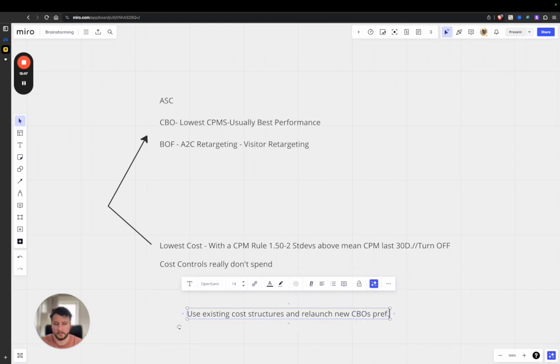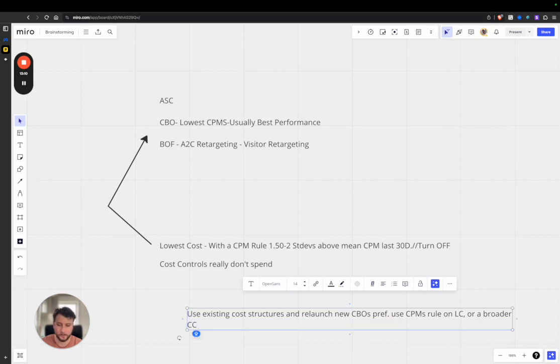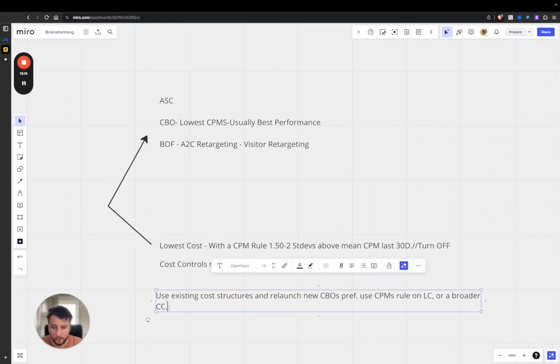So again, this is preferred, but if you do run ASC, you can rebuild your ASCs, but we typically lean CBO during turmoil or more choppy times on Meta, and go ahead and use a CPM rule on lowest cost or a broader cost control, okay? So this is what we look at for times of turmoil. This is what I'd run, okay?